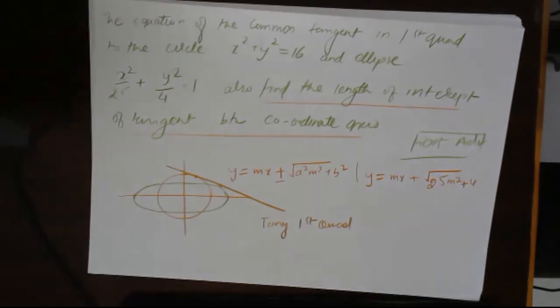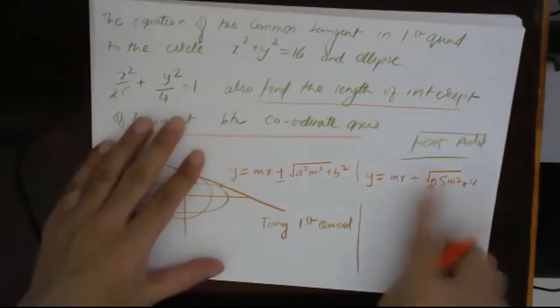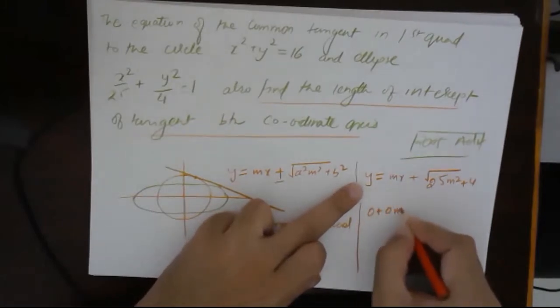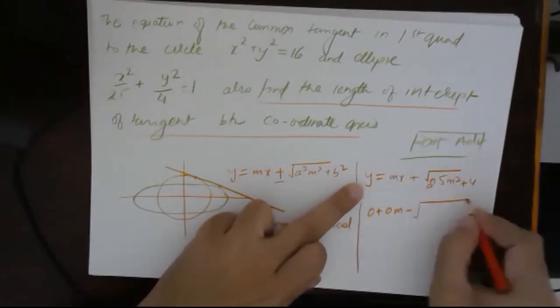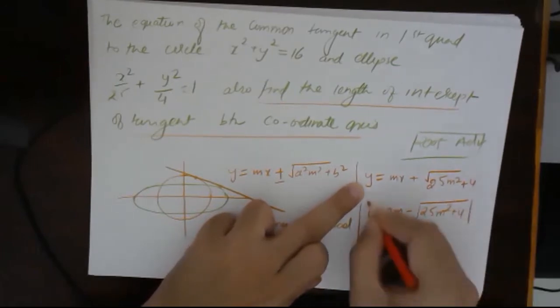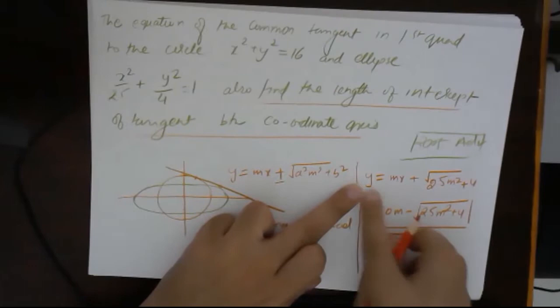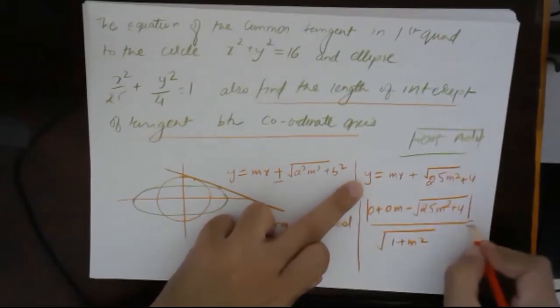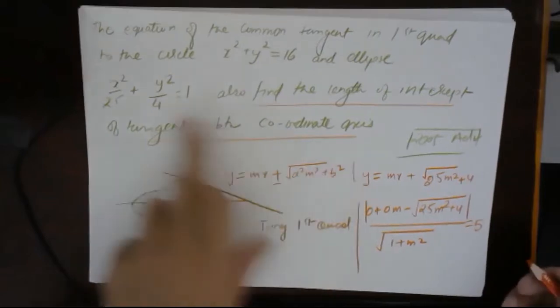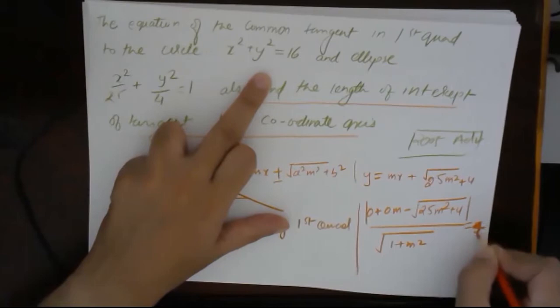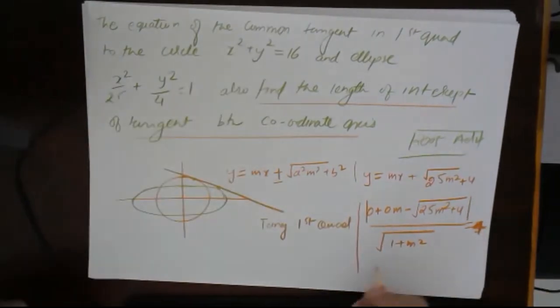The point is the origin. So 0 plus 0 m minus under the root of 25 m square plus 4, mod, divided by under the root of 1 plus m square. This distance should be equal to the value 4.